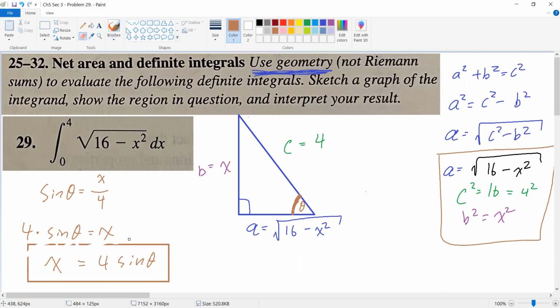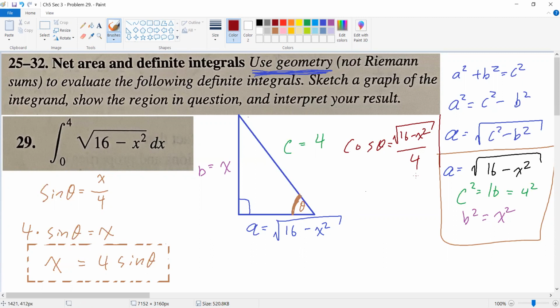And then the next one we're going to do is solve this for cosine. So cosine of theta is equal to the adjacent side, in this case the square root of 16 minus x squared, over our hypotenuse, which is 4.